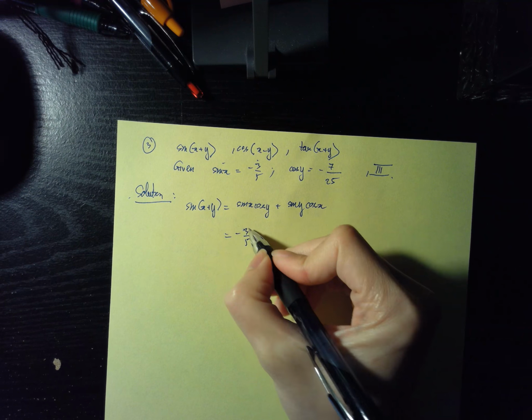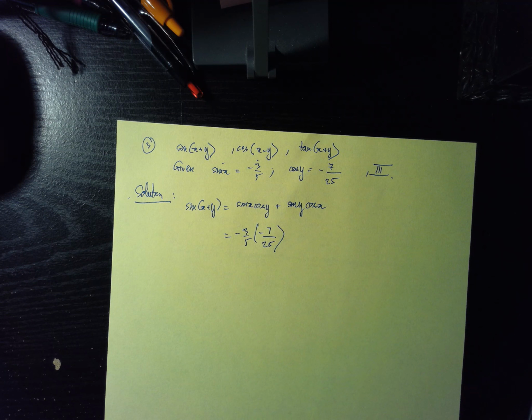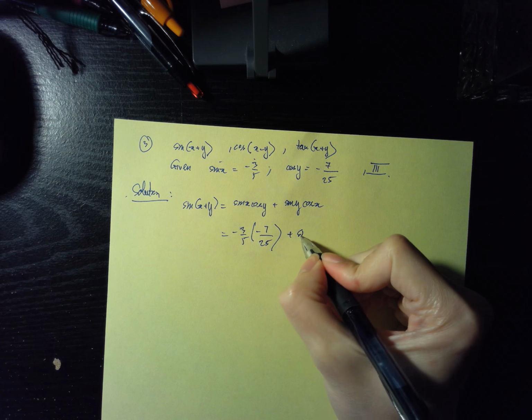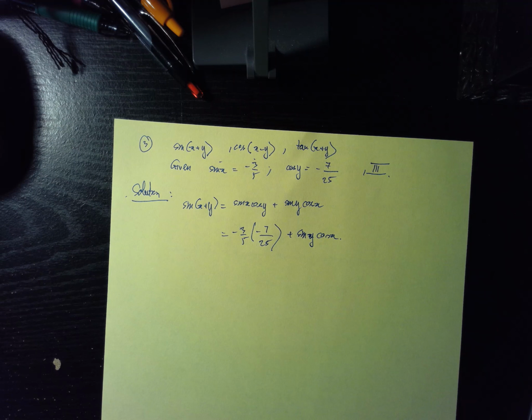Cosine of y, we also have here, negative 7 over 25. So we need to find sine of y, and we need to find cosine of x. In order to find sine of y and cosine of x, you can use the Pythagorean identity, or you can use the triangle. It doesn't matter.